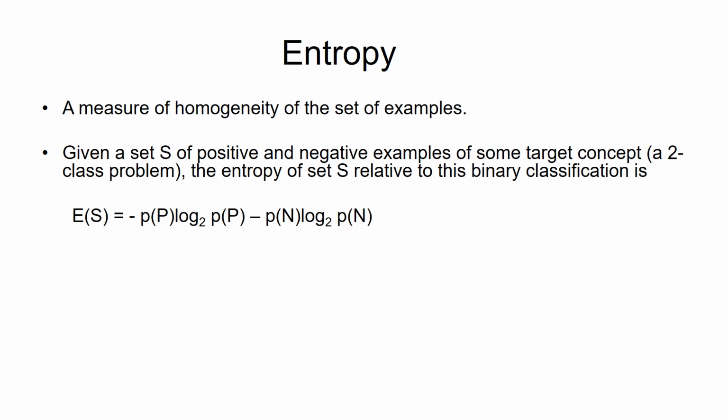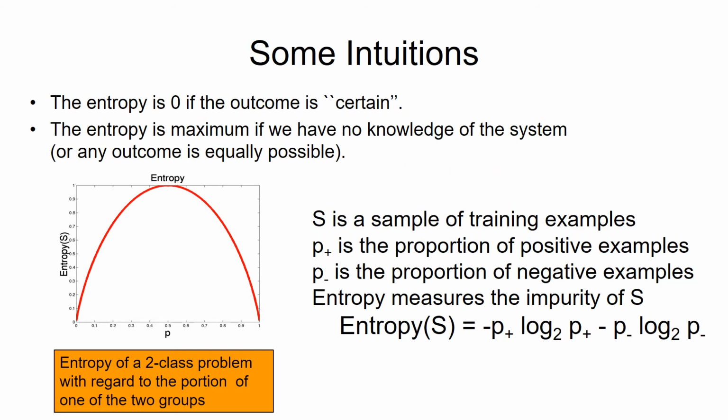Given a set S of positive and negative samples of some target concept, a two-class problem essentially, the entropy of S relative to binary classification is minus Pp log Pp minus Pn log Pn. Some intuitions: entropy is 0 if the outcome is certain. Entropy is maximum if we have no knowledge of the system.